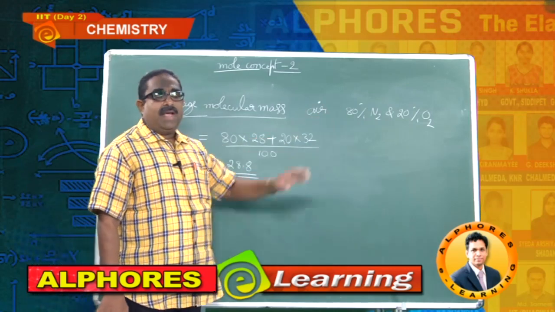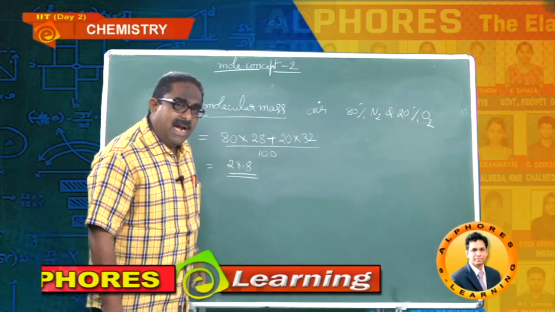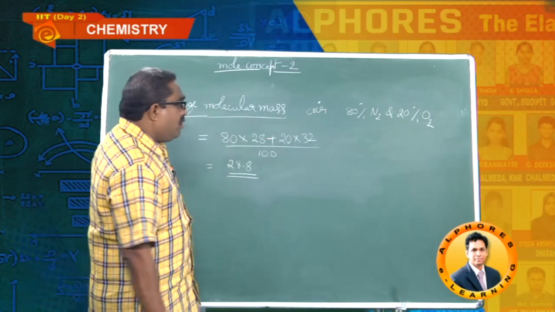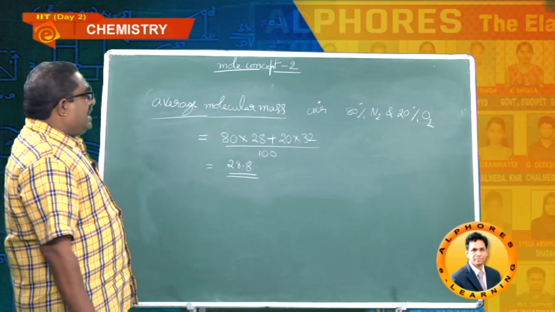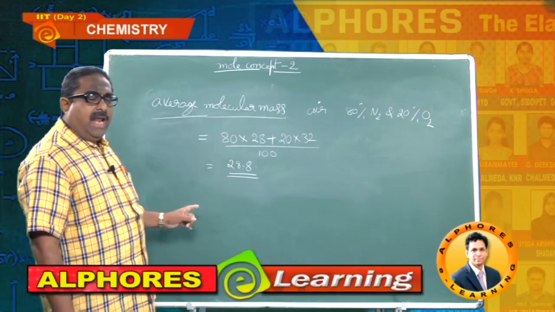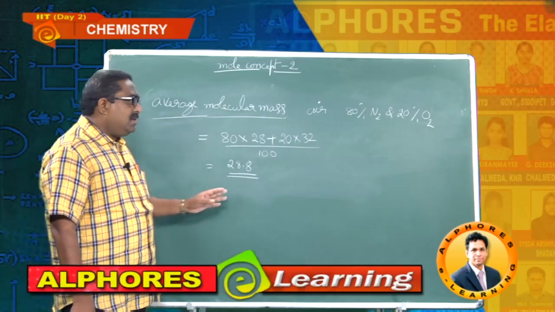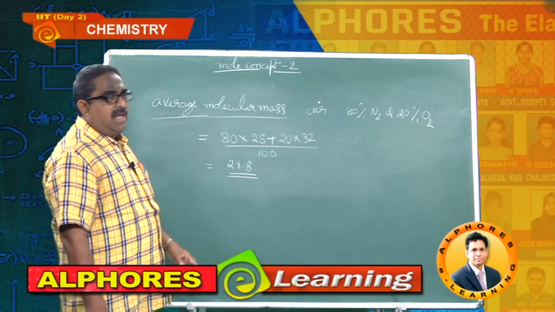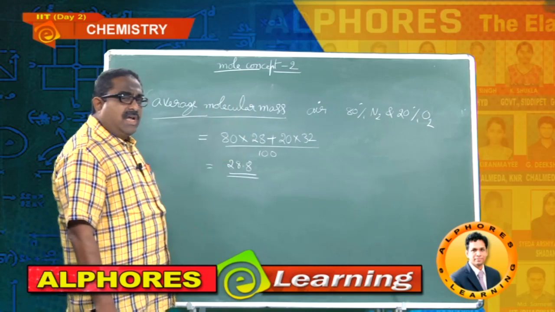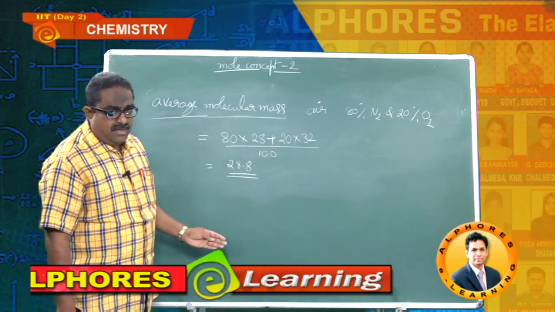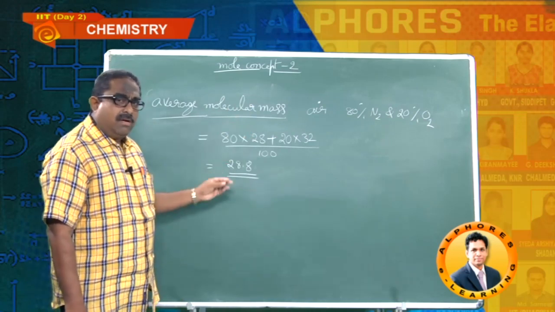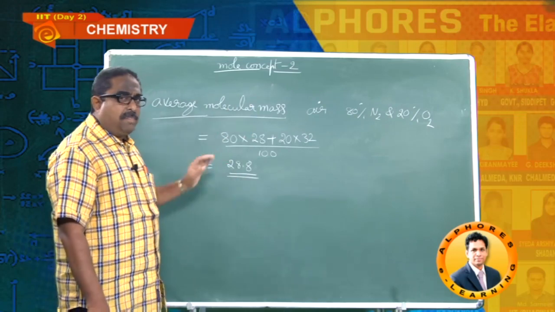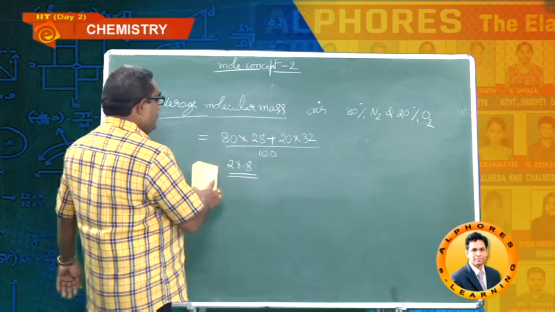Then we get back 80% and 20%. So this is the discussion about average molecular mass. Maybe 2 gases, 3 gases, or 4 gases may be there. Based on their composition, we can calculate the average molecular mass of a gas mixture like this.